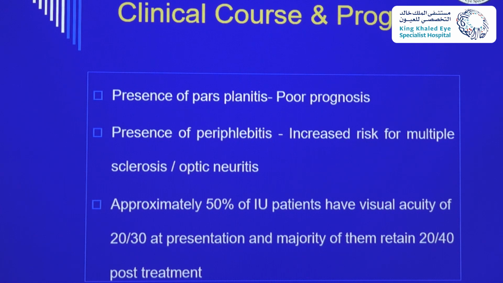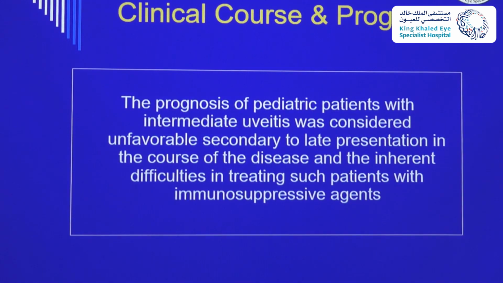So don't hesitate. Don't let your patient just walk out of your clinic while you have ways to help them. The prognosis of pediatric patients with intermediate uveitis was considered unfavorable, secondary to late presentation in the course of the disease and the inherent difficulties in treating such patients with immunosuppressive medications.